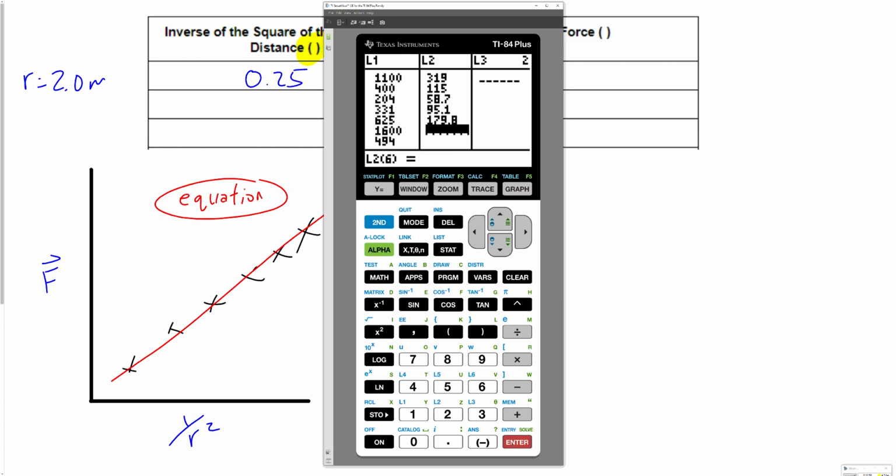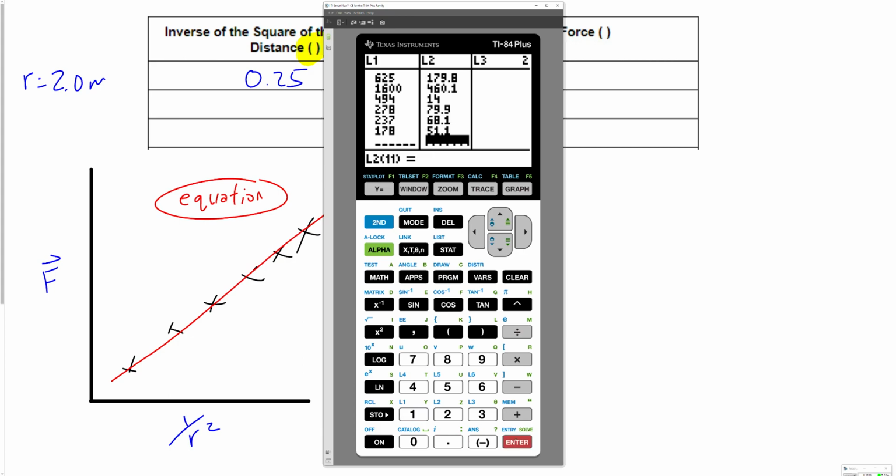Again, these are data that I got when I did this lab myself this morning. 460.1. Yours are going to be different, but the process is going to be the same. 142, 79.9, 68.1, and 51.1.